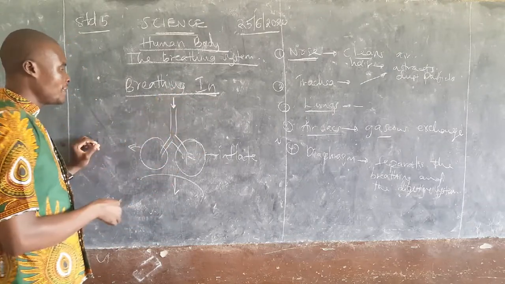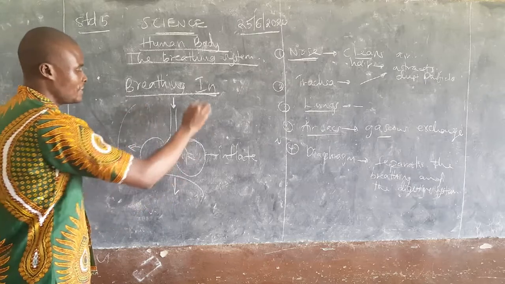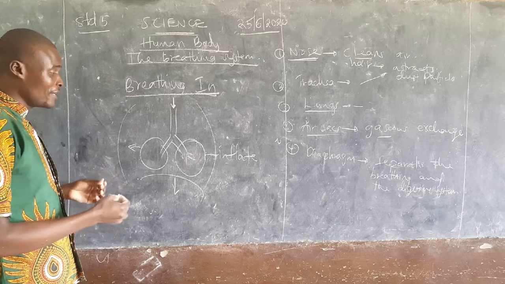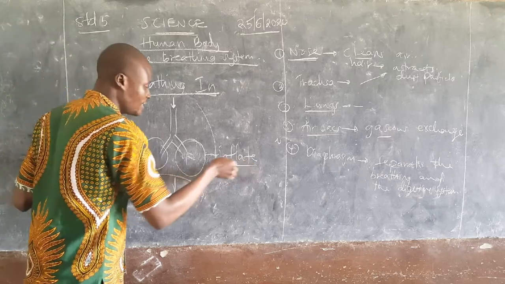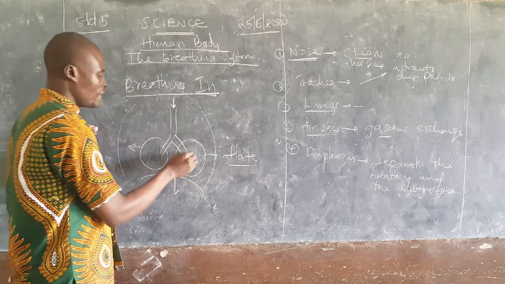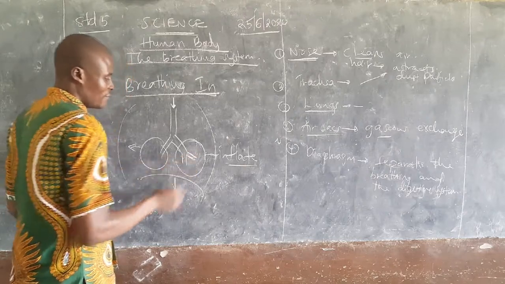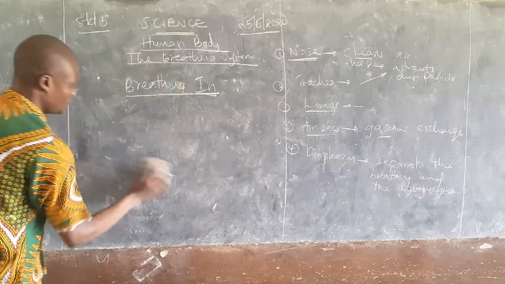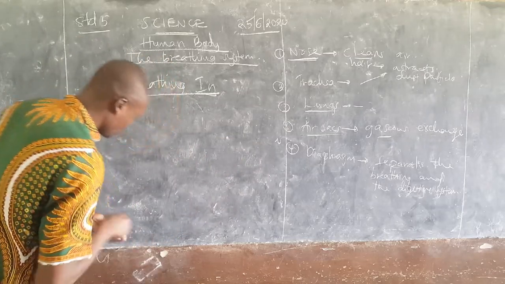So when air comes in, your chest cavity is going to be bigger. Your chest is no longer going to be the same again. Your chest will inflate, meaning the lungs here become not the way they were again. So let us look at them here. What will happen?